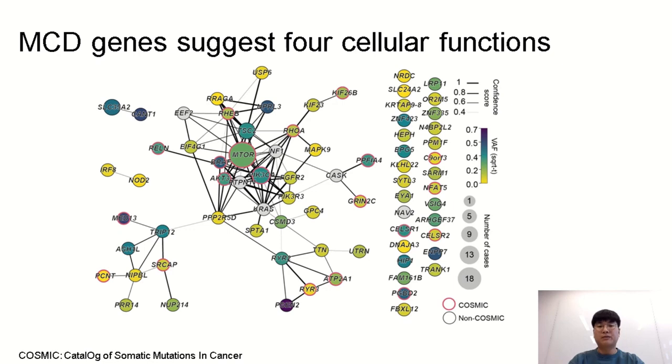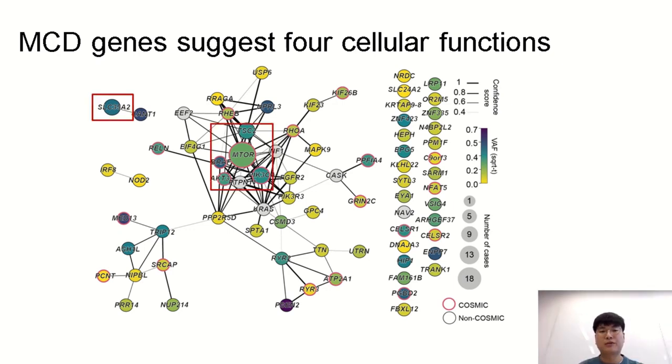Because certain types of the MCD involve abnormal cell growth during brain development similar to tumors, we also identified genes associated with cancer using the COSMIC database, which is the catalog of somatic mutations in cancer. As expected, we observed many recurrently mutated known genes, such as mTOR, PIK3CA, TSC2, AKT3, BRAF, and SLC35A2.